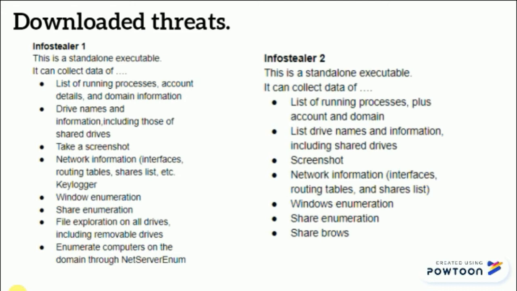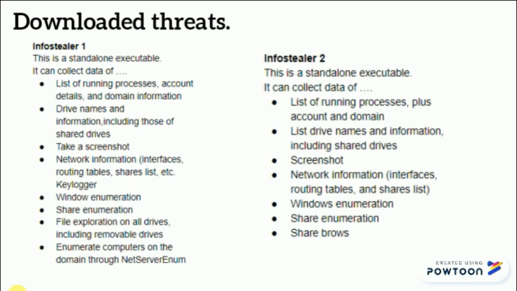Take a screenshot. Network information, interfaces, routing tables, shares list, etc. Keylogger. Window enumeration. Share enumeration. File exploration on all drives, including removable drives. Enumerate computers on the domain through net server enum.